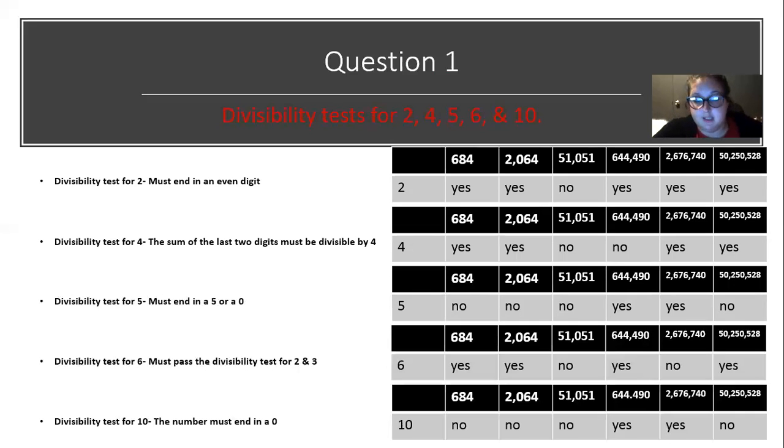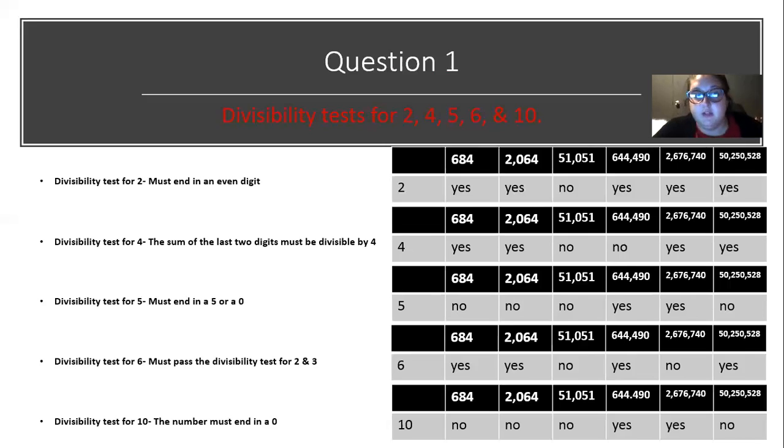684 is divisible by 6. 2064 is divisible by 6. 51,051 is not divisible by 6 because if you look up top, it has failed the divisibility test for 2. 644,490 passes, and 2,676,740 does not.